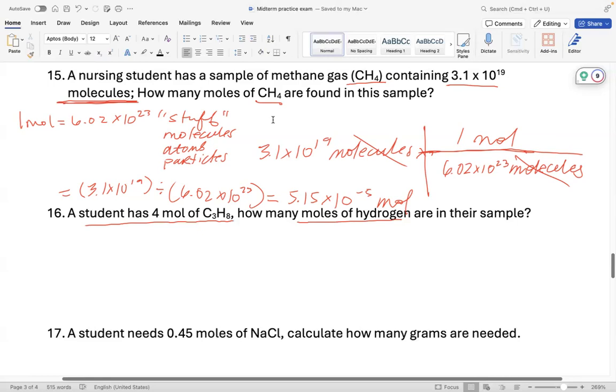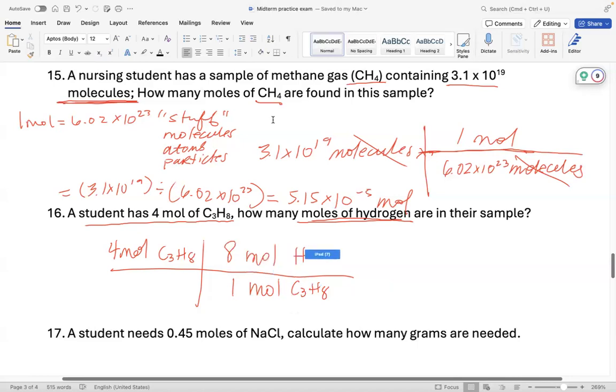So we're going to start with our given 4 moles of C3H8. And now we're just trying to get to moles of just hydrogen. So for every 1 mole of the entire compound, I have 8 moles of just hydrogen. And I know this by breaking down the compound.